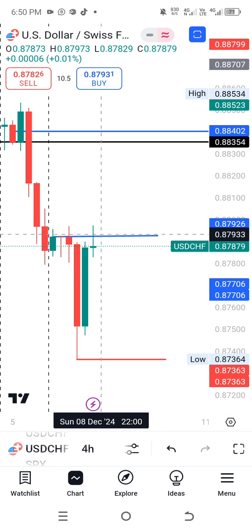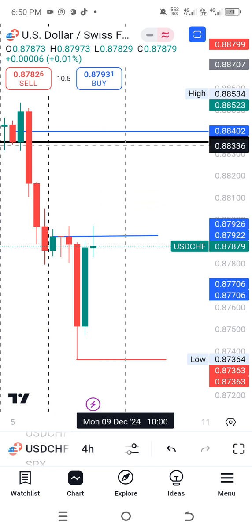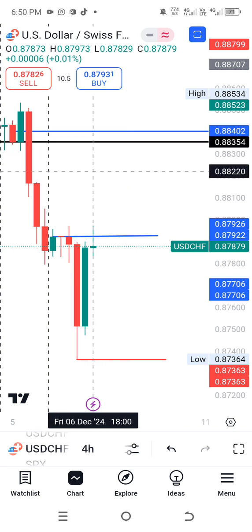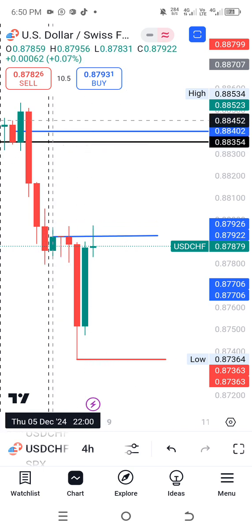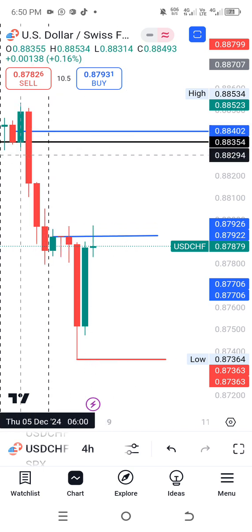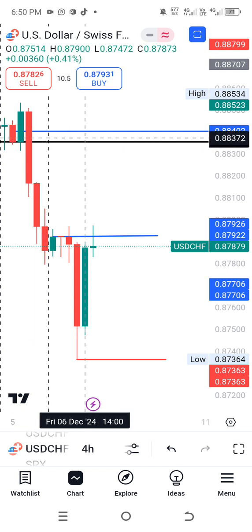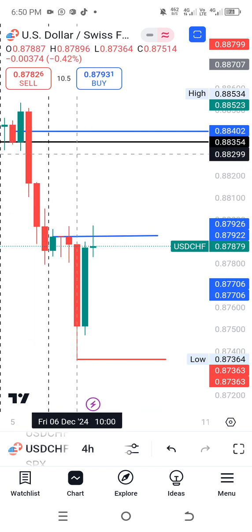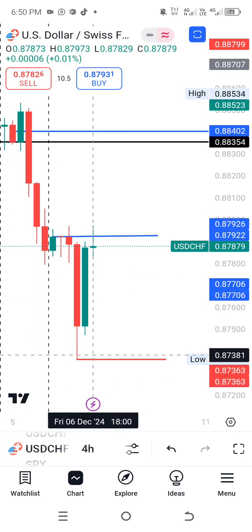The moment price retests it, go to your lower time frame, 5 minutes or 15 minutes, and take an entry and target about 40 to 50 pips into this block, into this supply zone. So you can trade into that supply zone. Then the invalidation is the low here.